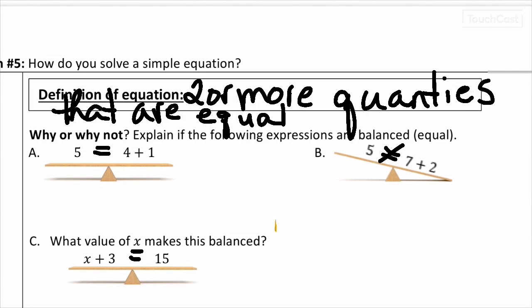That's how we're going to start solving. And that would be the answer. So when x equals 12, because 15 take away 3 is 12. So if I do add 3 to 12, I'm sure to get 15. And that's how we balance equations.